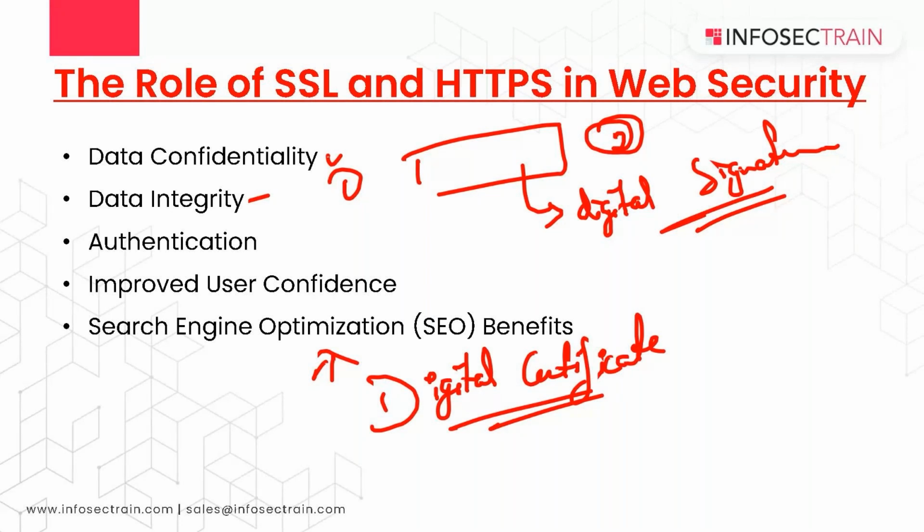Previously we were discussing cryptography, the encryptions and so on. Inside the digital certificate, we have the public key of the user, which is signed by a certified authority, which we call the CA, the certification authority.